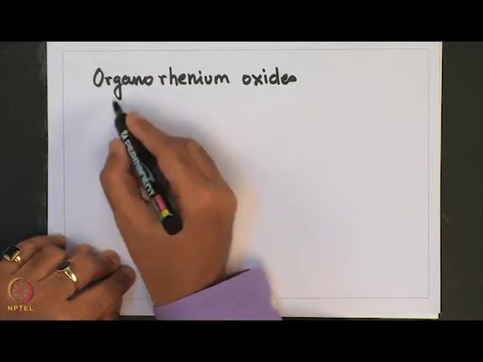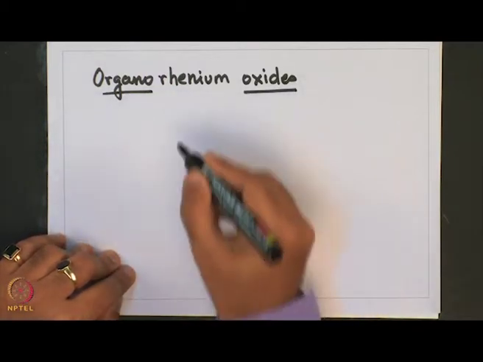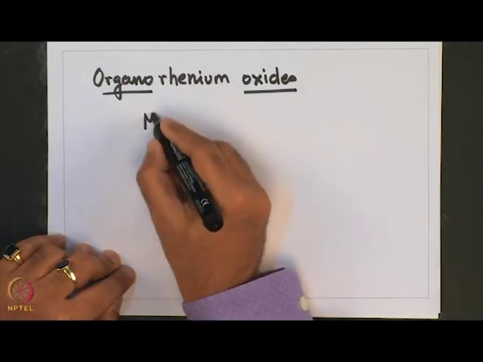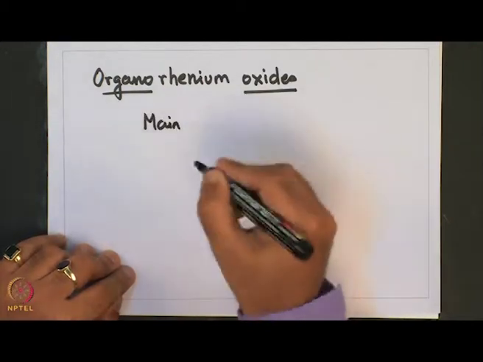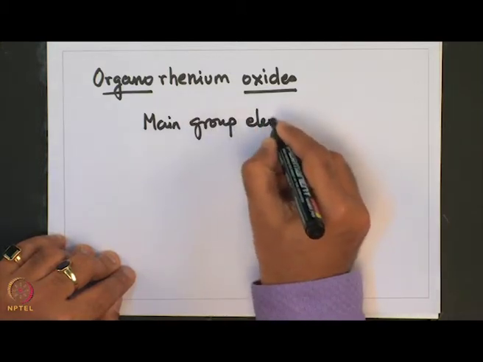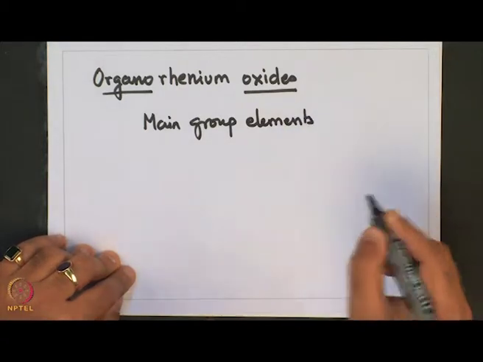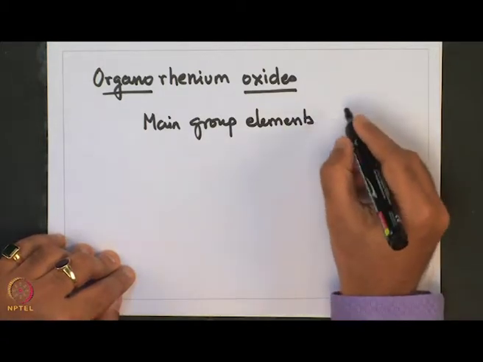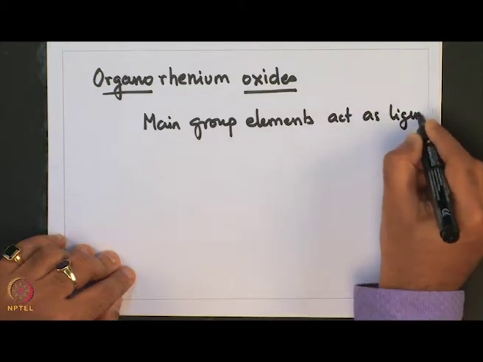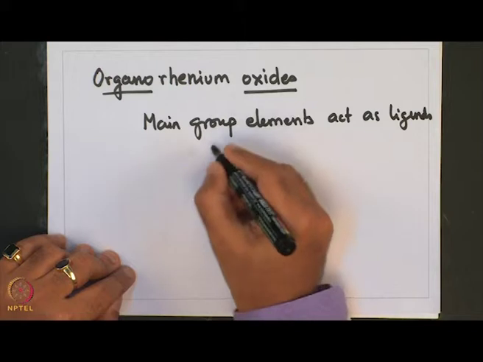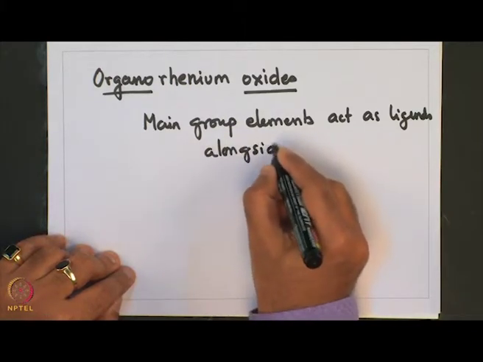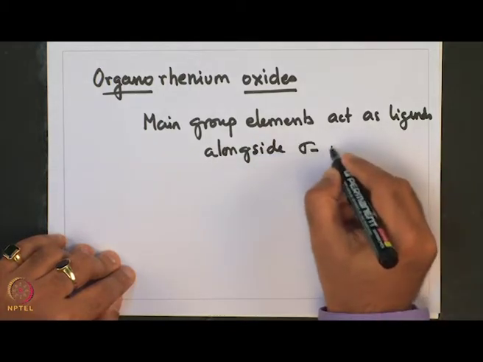So, in organorhenium oxides, main group elements act as ligand in addition to or alongside sigma alkyl ligands.